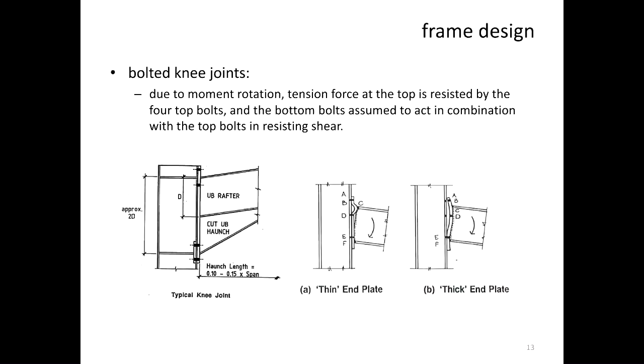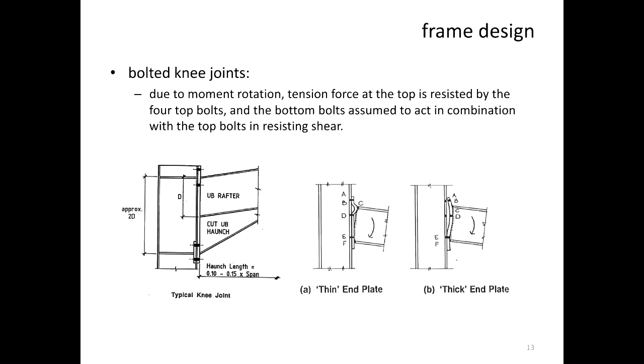So it will just buckle and fail by buckling. That's a local buckling failure. Whereas if the plate is very, very thick, it has enough capacity, so it will tend to pull the bolt out of the connection. Can you imagine that? So the bolt will tend to fail in tension.